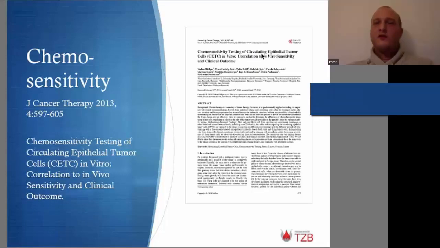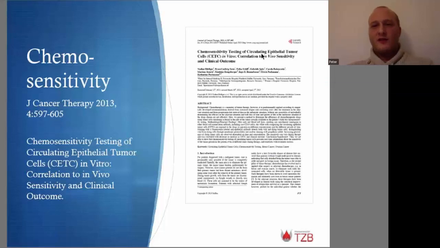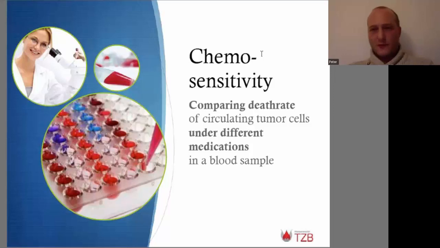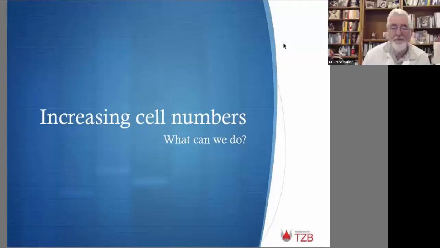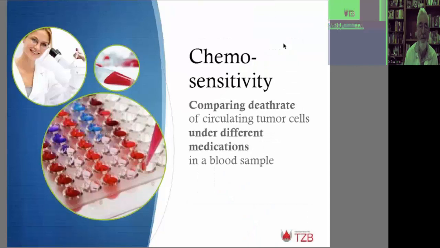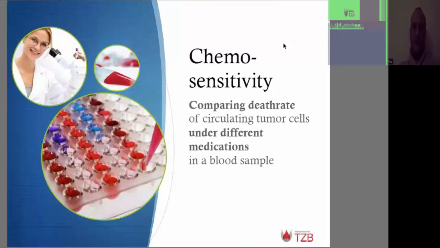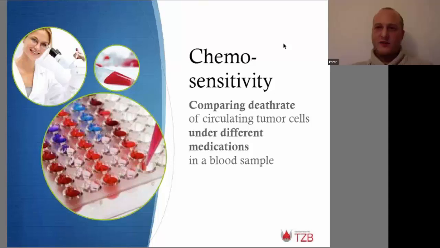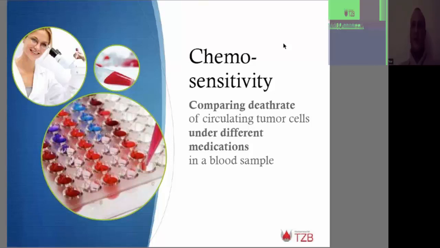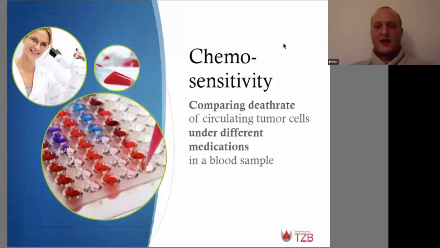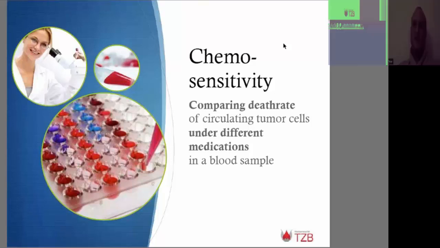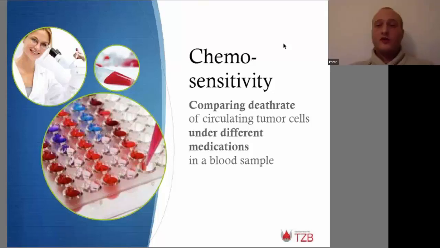We do chemosensitivity testing. If we get increasing cell numbers, then we do chemosensitivity testing. That means we take a blood sample of the patient and divide it into some parts, and then we drop in a dose of the possible medications that the patient could or should get.